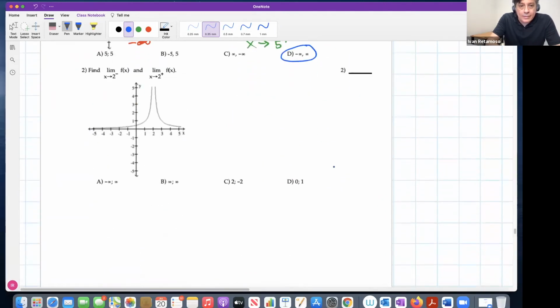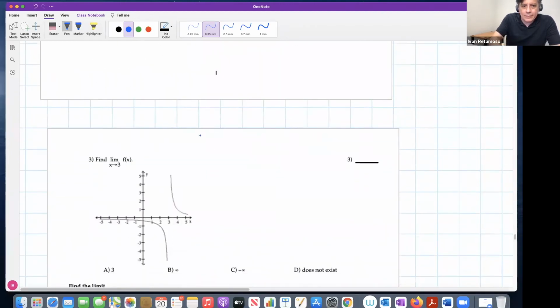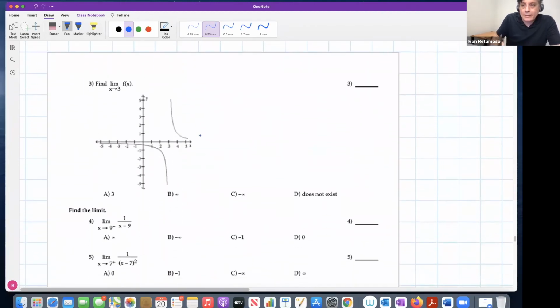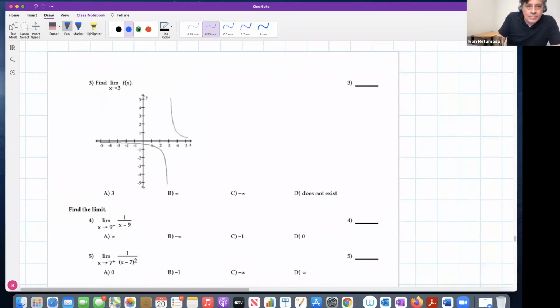Great, guys. So now number 2. This number 2 is very similar to number 1, so let's go over something different. Try this one, and then we'll move on to the numerical ones. What is the limit of the function f of x, whose graph is this, as x approaches 3?